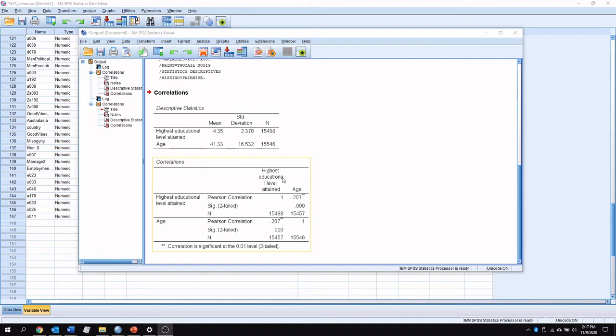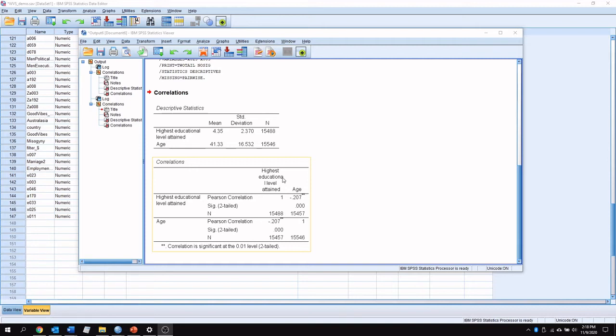And a -1 would represent a complete and total correlation, but a negative correlation, so in the opposite direction. So as one variable goes up, the other variable goes down. And I'm trying to think of a good example off the top of my head that would be almost a complete correlation. And I can't think of one off the top of my head, but maybe I'll come back to you if I do think of one.